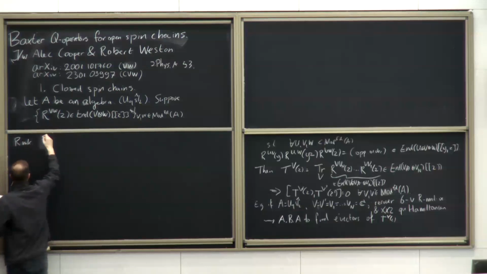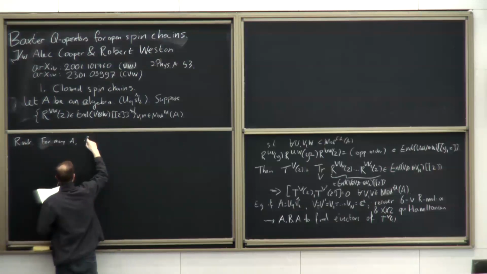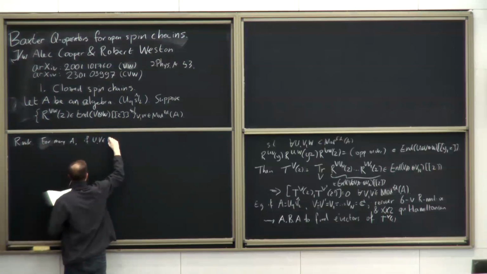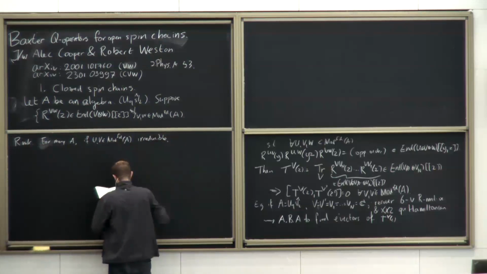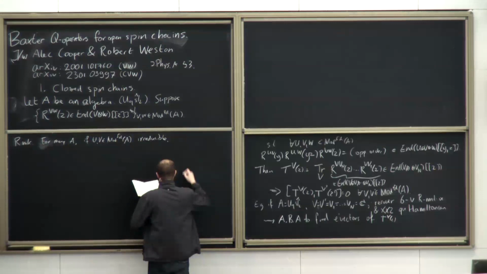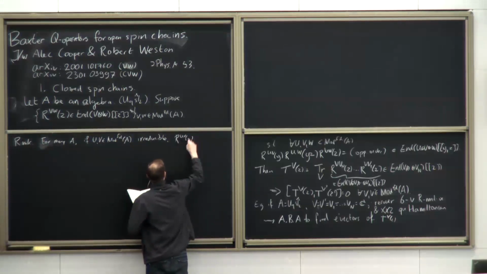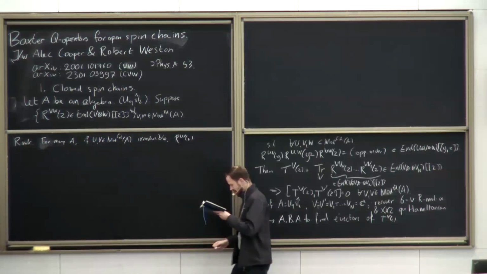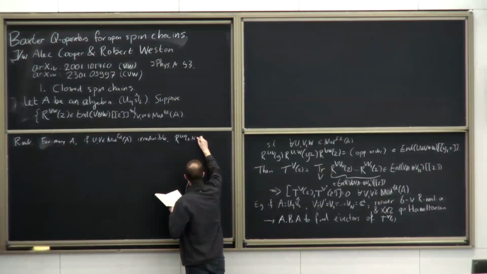For many interesting algebras, if I have two finite dimensional modules which are irreducible, then this linear map R is actually a rational function, not just any power series.